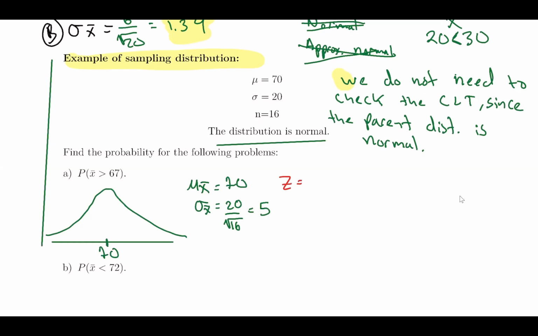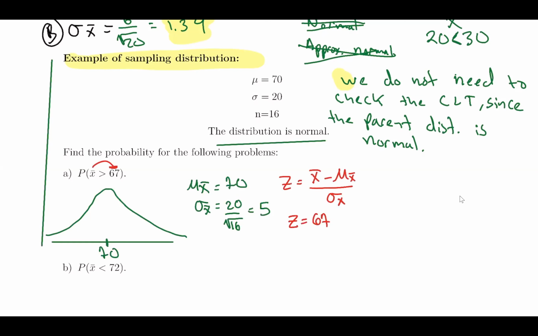So remember, the formula for the z-score is x bar minus mu of x bar, divided by sigma of x bar. If you look at it, x bar is this number over here, it's 67.